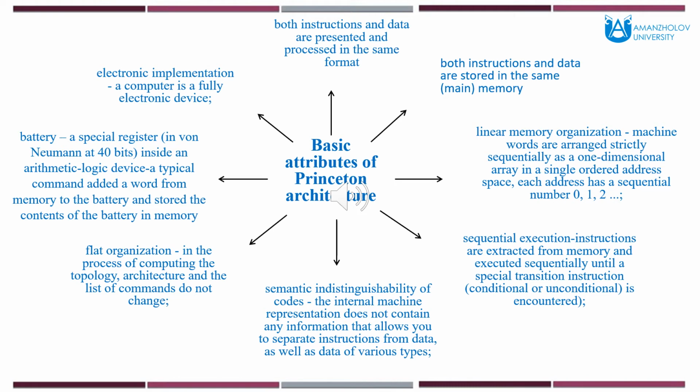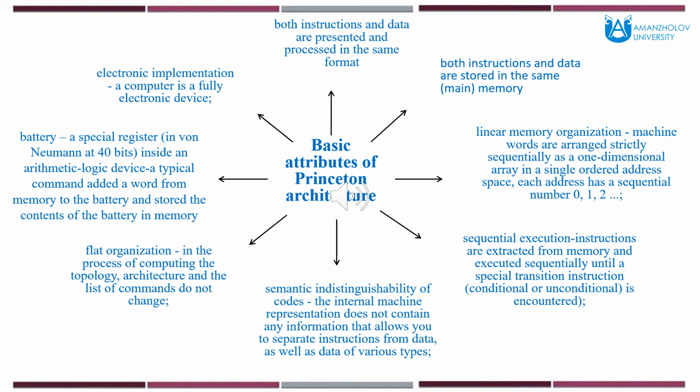Each address has a sequential number 0, 1, 2, etc. Sequential execution: instructions are extracted from memory and executed sequentially until a special transition instruction, conditional or unconditional, is encountered.